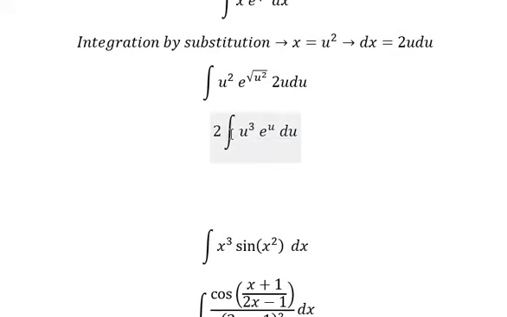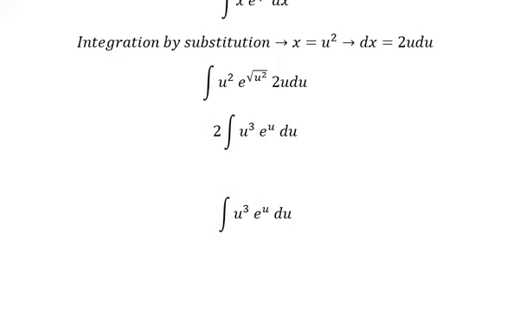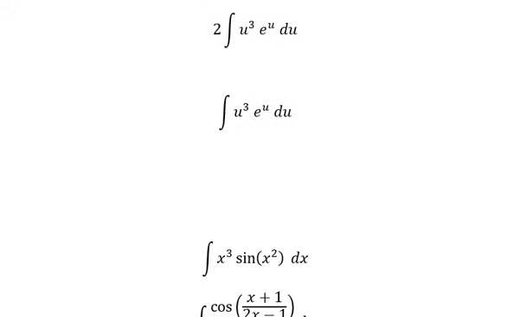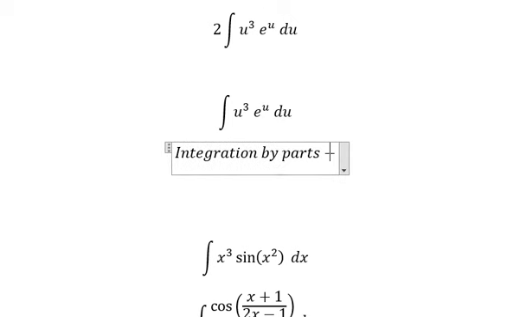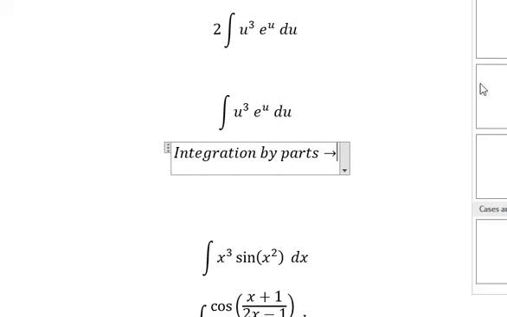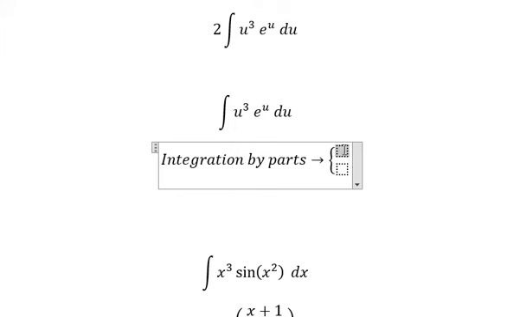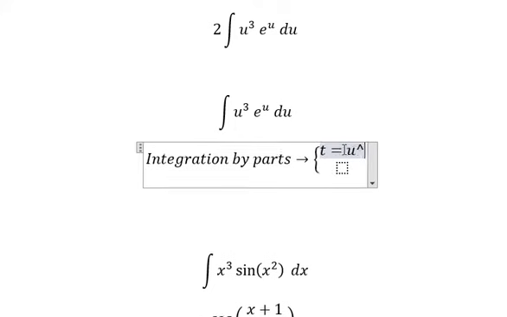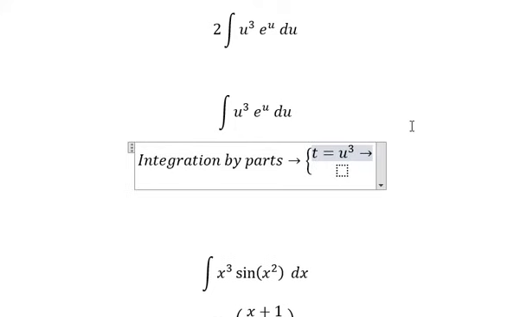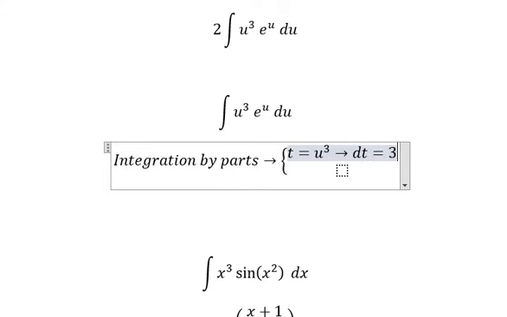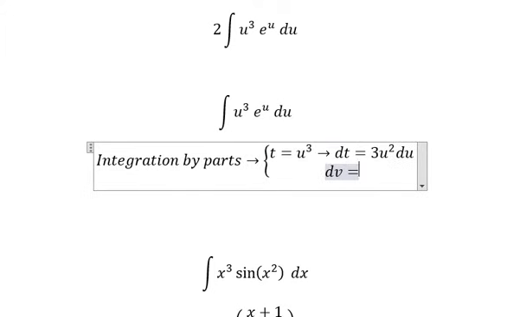Now I just want to concentrate on this one only. So I will use integration by parts. So I will put t equals u to the power of 3. So we do first the derivative for both sides. dv, we get e to the power of u du, and we get v equals e to the power of u.